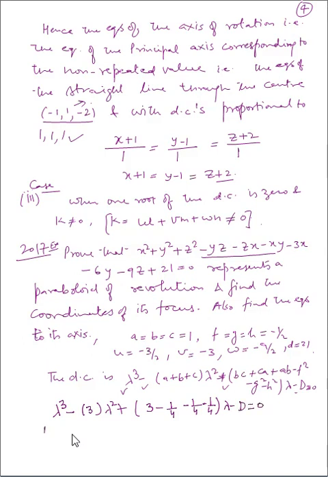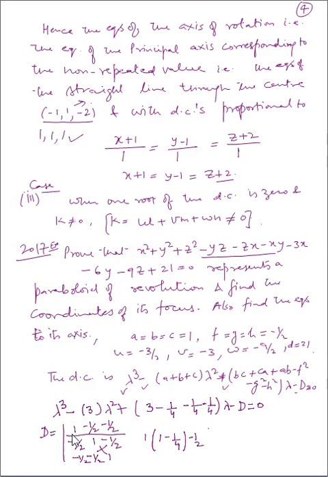So D value is the determinant with rows 1, 1, 1, minus 1 by 2, minus 1 by 2, minus 1 by 2, minus 1 by 2, minus 1 by 2, minus 1 by 2. So we open it: 1 minus 1 by 4, this is 1 minus 1 by 4 minus 1 by 2. We are doing with respect to this.